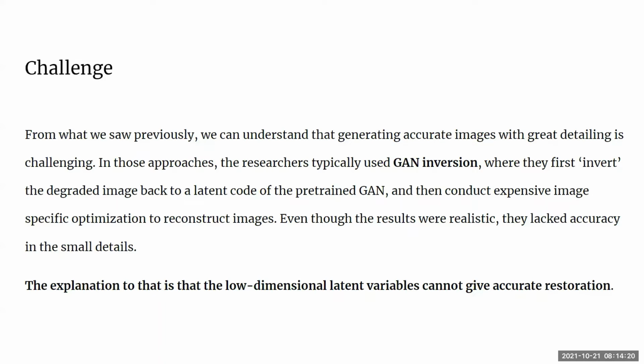That approach actually gives good results, but the fidelity and the ability to produce the smallest details, such as eye pupils or, I don't know, lashes and stuff like that, is extremely hard. And that has an explanation: the low dimensional latent variables cannot give accurate restoration.